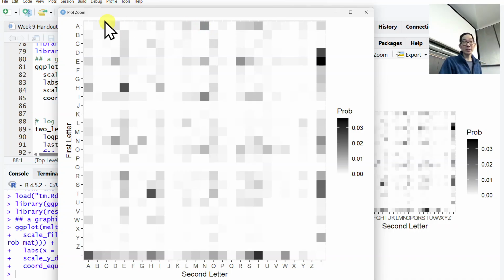So A is frequently followed by an N, okay? It's also frequently followed by R, S, and T. That makes sense, okay? Here, if you start off with an H, it's followed frequently by an A. H is very frequently followed by an E, also frequently followed by an I, also an O, pretty much the vowels, okay?